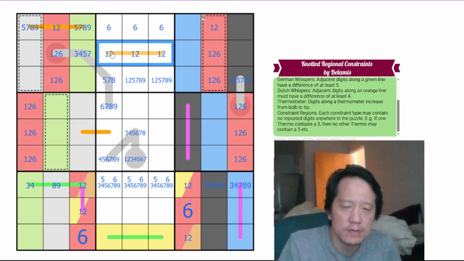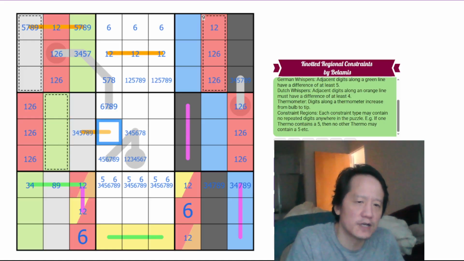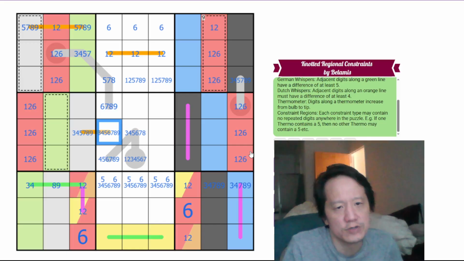Therefore, this can never be 1 and 2 here. So this is always 3, 4, 5, 7, 8, 9. This is 3, 4, 5, 7, 8, 9. And it could be a 6 here. We don't know.